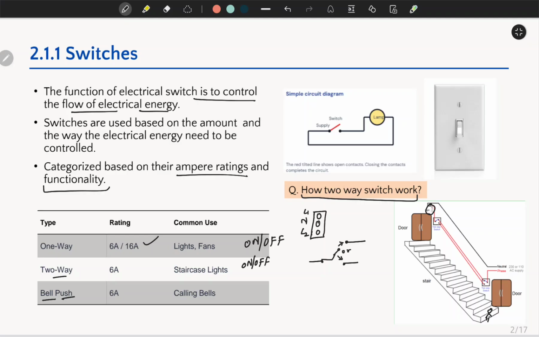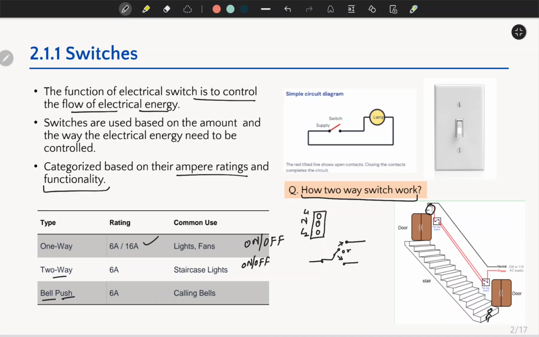Now if some person has come down and forgot to turn off this light, or in the staircase sometimes we want that there should be adequate light to work. So sometimes we want that after I reach the bottom, I want to control this switch. So how can we control this?